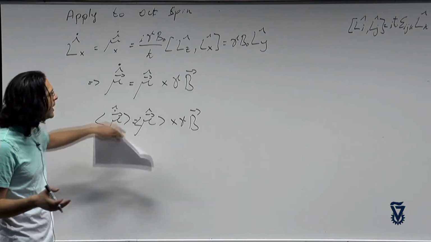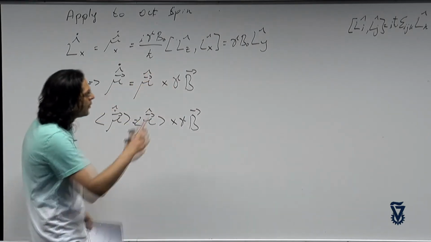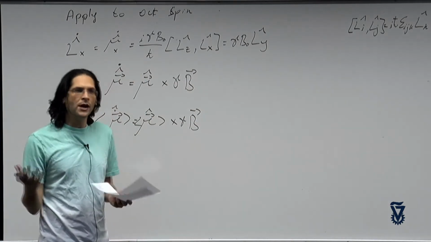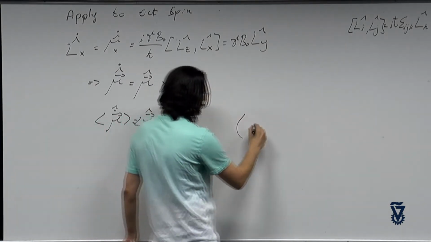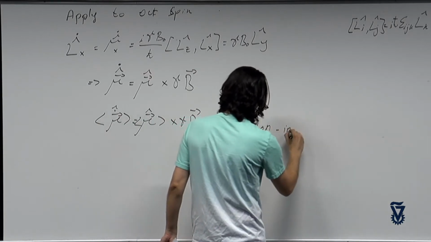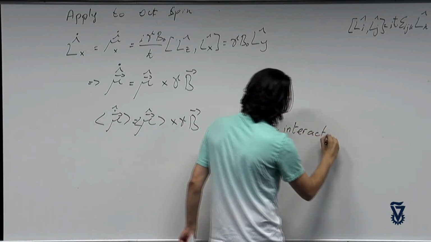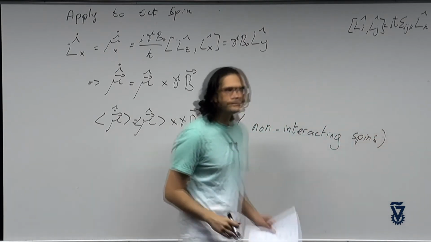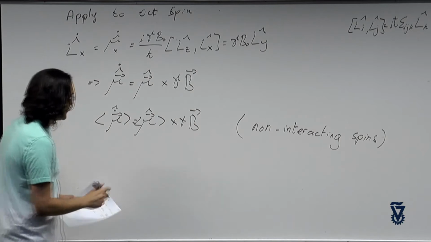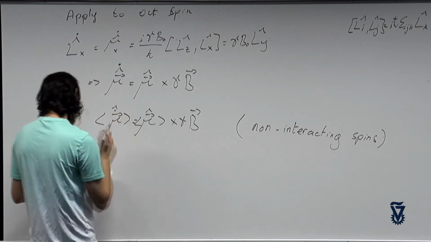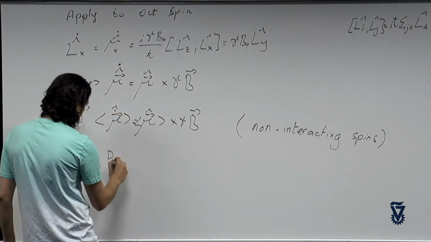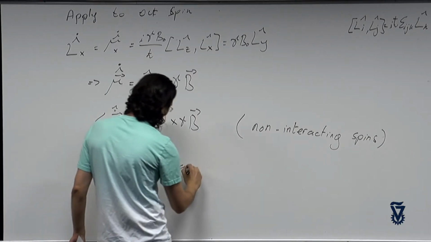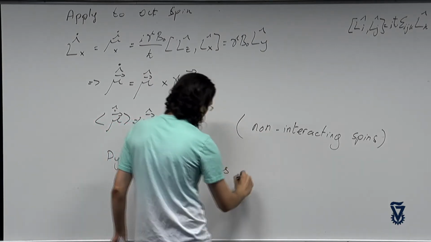You can see that for a quantum spin, or an ensemble of non-interacting quantum spins, the dynamics are the same as classical.